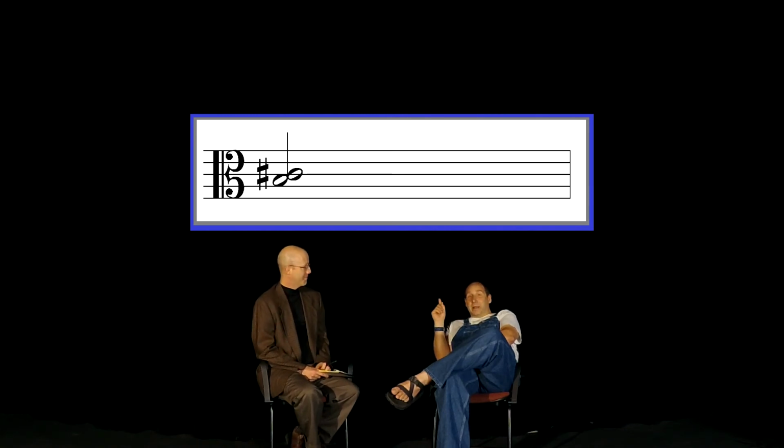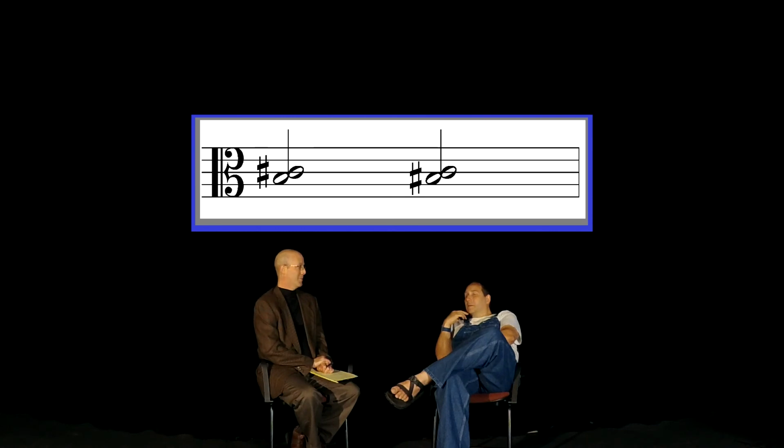For instance, here you have a B and a C with a sharp next to it. At a glance, it might be difficult to know whether that sharp is indicating the B or the C. But if you look at the fact that that sharp is on a line, then you can see that this is referring to the C sharp. And if we move the sharp to be in front of the B, this is what it would look like.